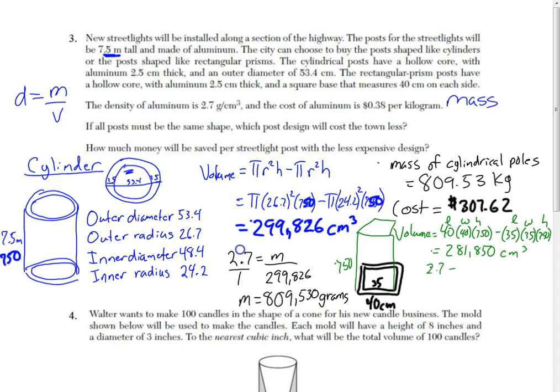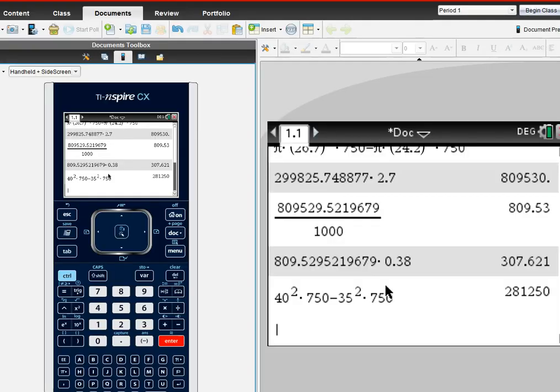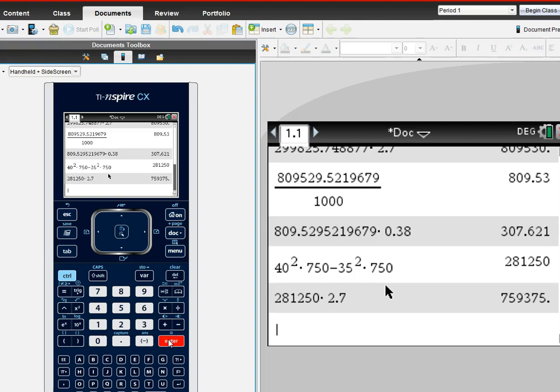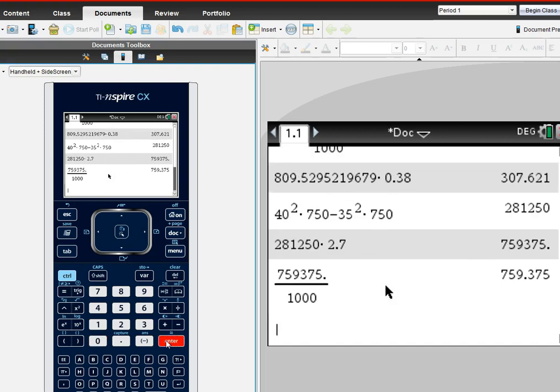So now we're going to do that same proportion that we did to find the mass. So 2.7 equals the mass divided by 281,850. I'm going to kind of do two steps in one. I'm going to multiply that and then divide it by 1,000 to convert it to kilograms. So we take that number times 2.7, and then we divide it by 1,000. So we get 759.375.